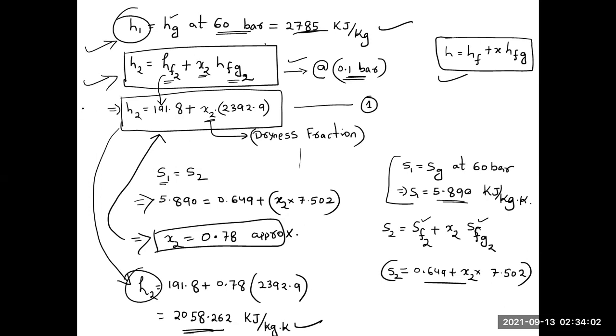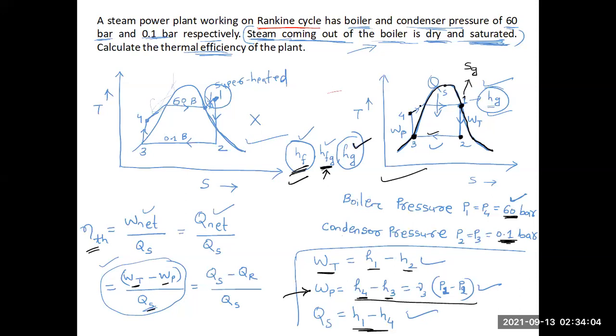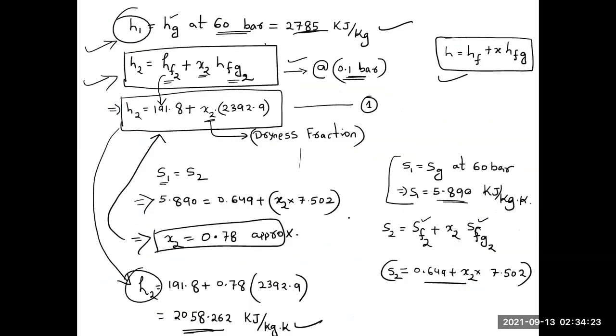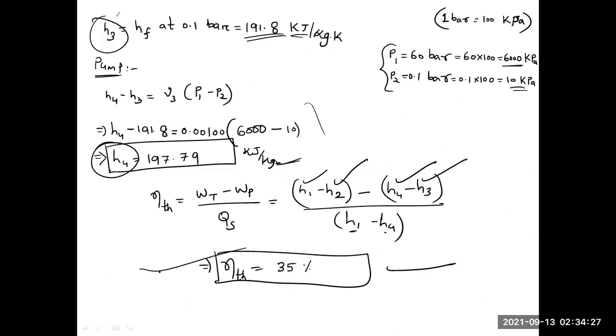You have to identify the two pressure lines: at the top, the boiler pressure, which is 60 bar, and at the bottom, the condenser pressure, which is 0.1 bar. According to these pressure lines, take the values from the data book, substitute them in this formula, solve it, and you will get the answers.